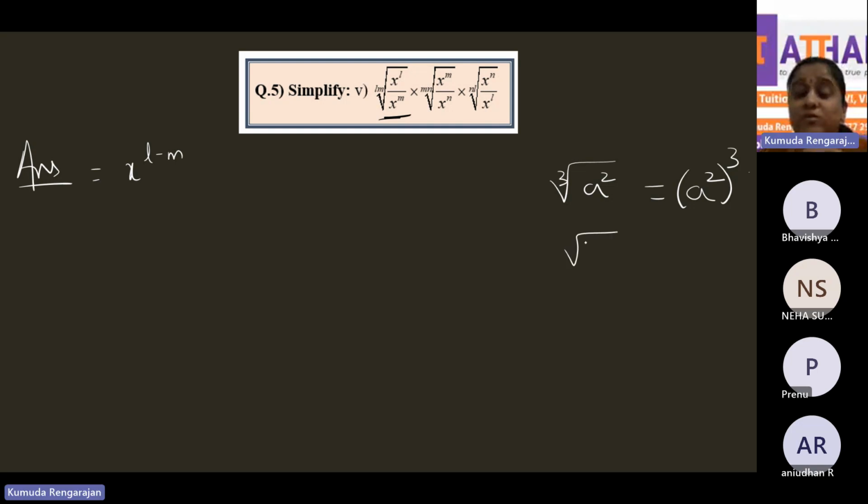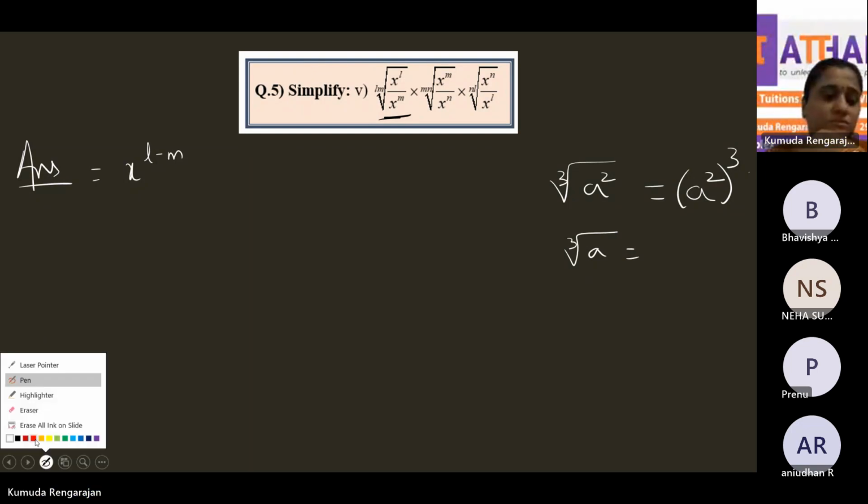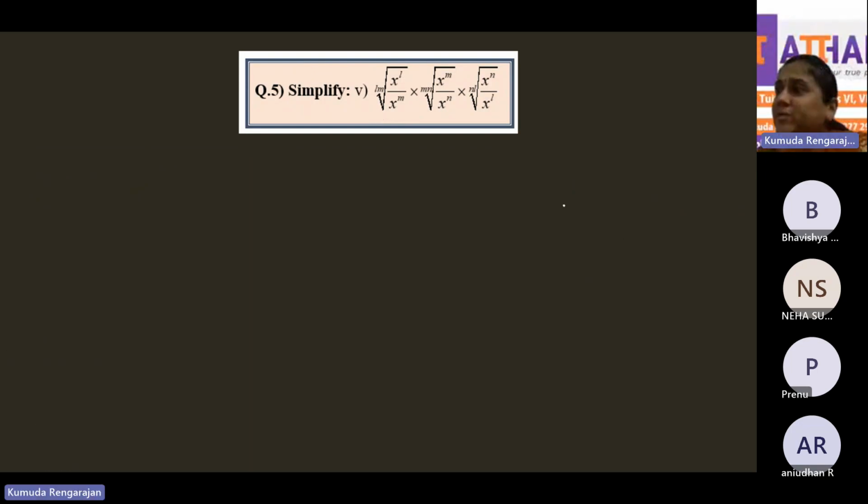Okay, what's the exponential form of this one? Next, Laksha. What is the exponential form of cube root of A? A to the power 1 by 3.